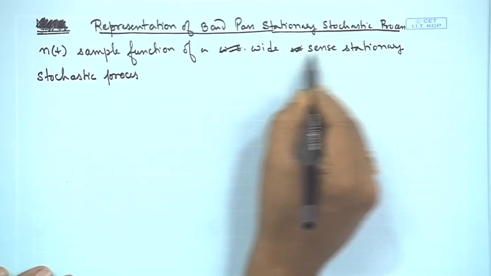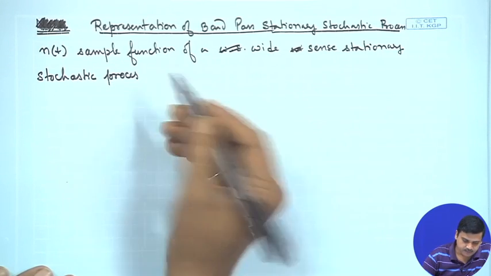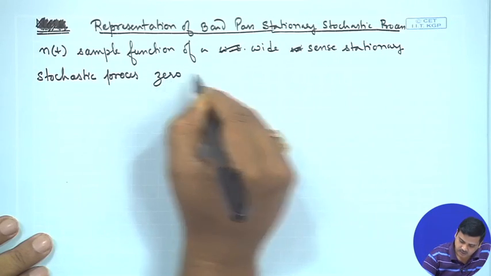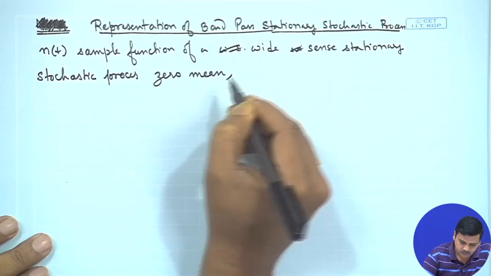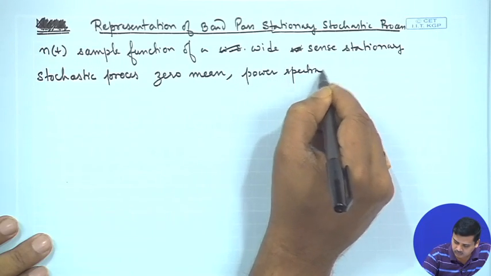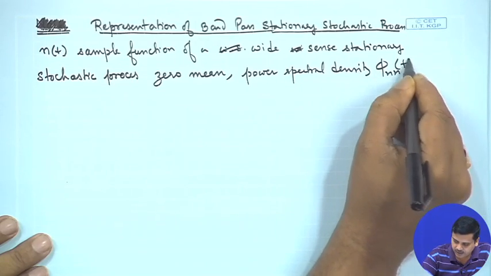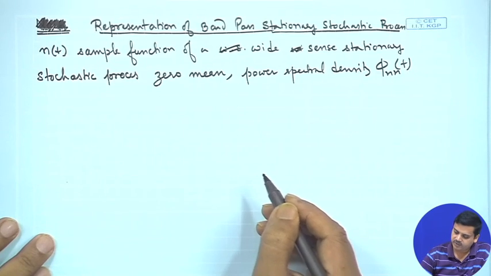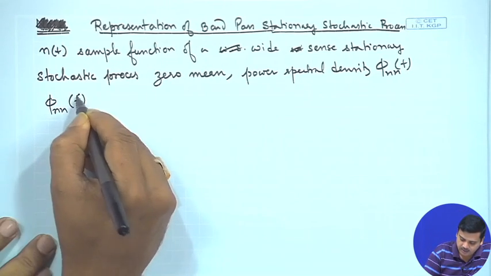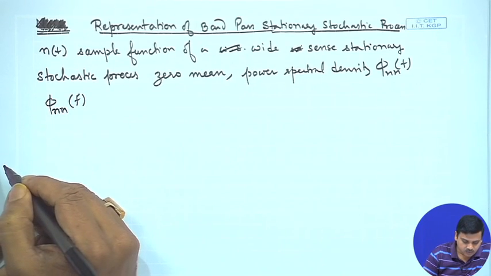So, let n(t) be the sample function of a wide sense stationary stochastic process, and we also state that this is 0 mean and has power spectral density phi nn(f). So, we are writing phi nn to represent the power spectral density.